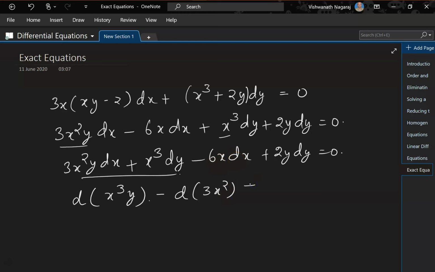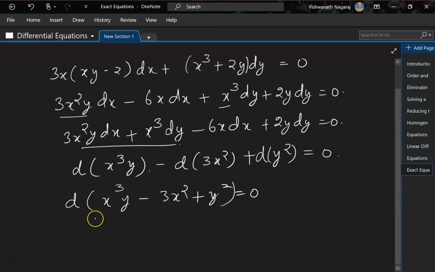Similarly, if we differentiate y², we get 2y dy. Now we can combine all these into a single expression: x³y - 3x² + y².